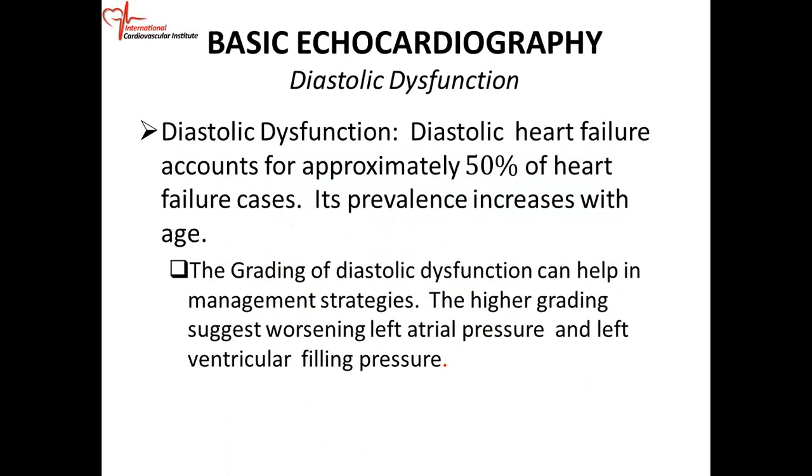And we measure left atrial volume. The current method is what we call an area-length method. You take your two-chamber view and you trace the borders, and it's not any willy-nilly tracing. You have to trace it properly.